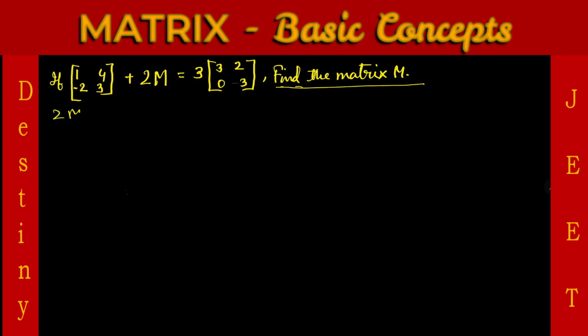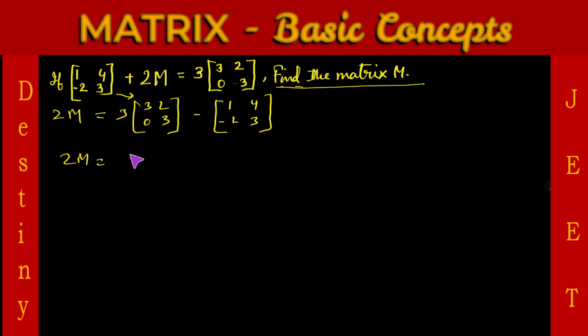First we keep 2M on one side and take this matrix to the other side. What does it become? 3 times the matrix [3 2; 0 3] minus the matrix [1 4; minus 2 3] will give you what? 2M is equal to, multiplying the elements, we get [9 6; 0 9] minus [1 4; minus 2 3].